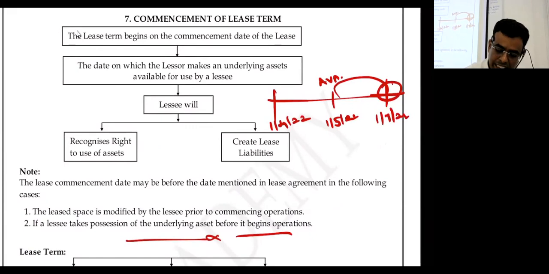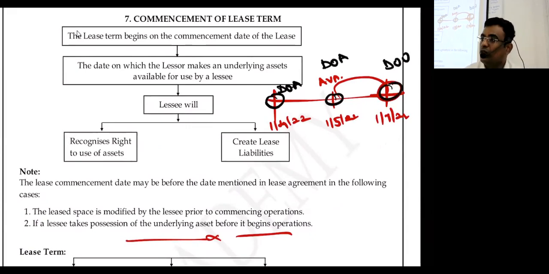Please understand, this is the date of agreement, this is the date of availability, and this is the date of use. Yes or no? I hope understood. Tell me which date should be considered as the commencement date. Date of availability only should be considered.